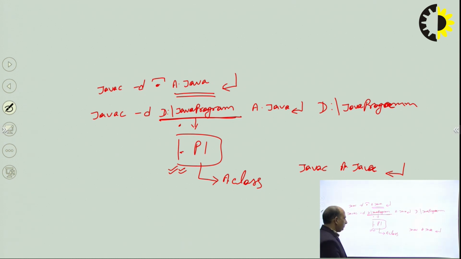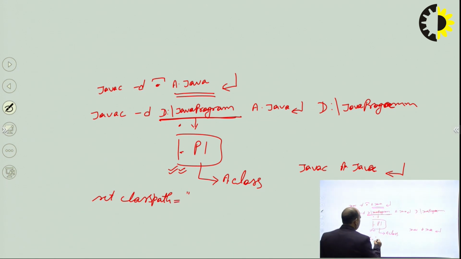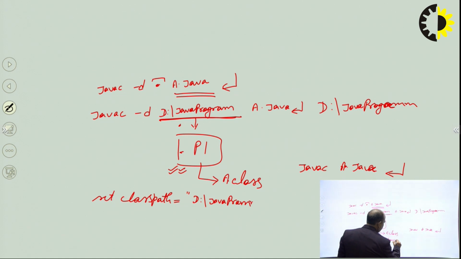To do that, you can set the environment variable, or at the command prompt you can write the command set classpath. Classpath is a variable name, equals to, and paste the path of this folder where the class file is, D:/Java program/p1. Here this is the class path.